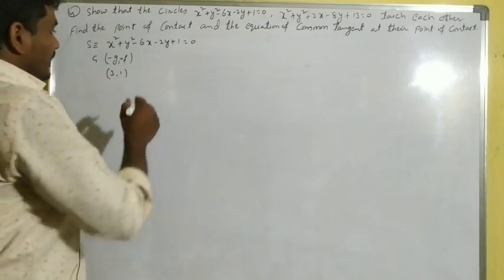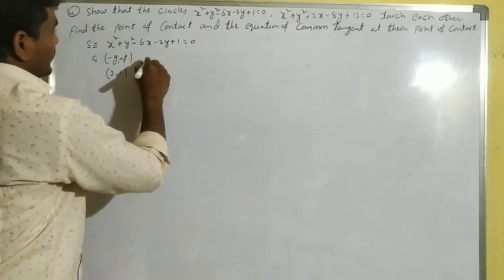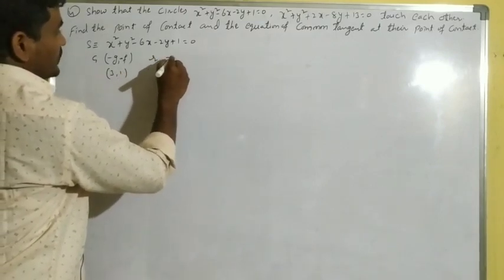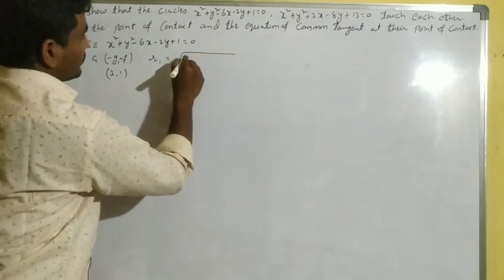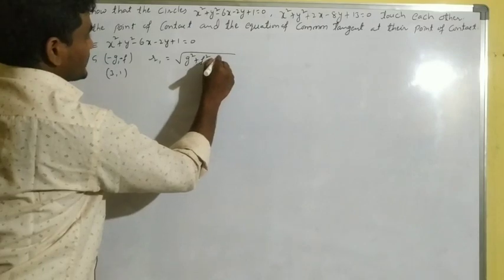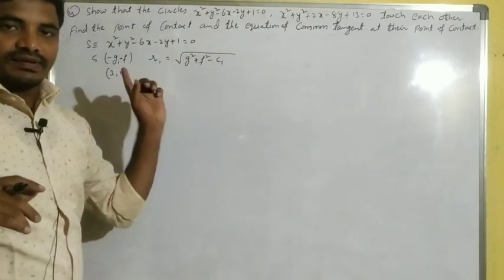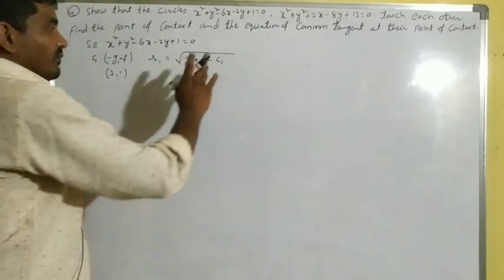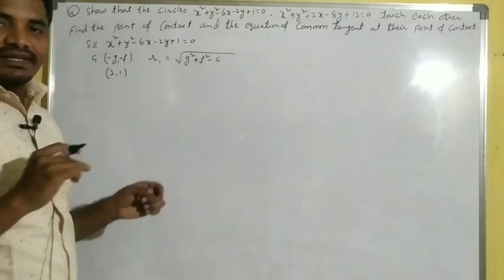Next, the radius R1 equals square root of g square plus f square minus c. This is the formula.